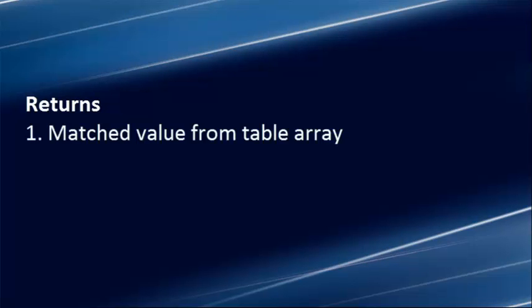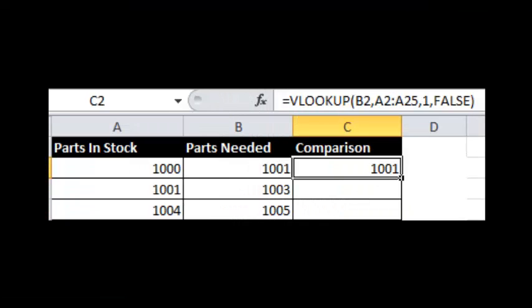After you enter a VLOOKUP formula, if you have no errors, you will get one of two returns. The first returned is the matched value from the table array. In the example I just demonstrated, part number 1001 was returned in the cell because part 1001 is included in our list of parts in stock.